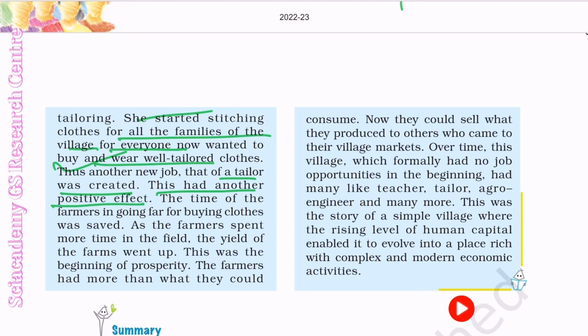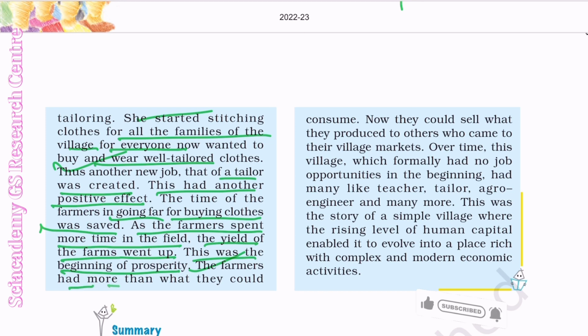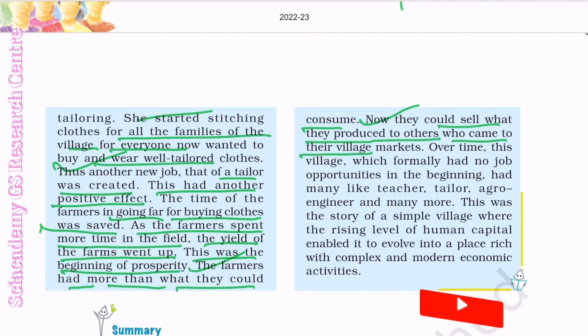The time of the farmers in going for buying clothes was saved. As the farmers spent more time in the field, the yield of the farmers went up. This was the beginning of the prosperity. The farmers had more than what they could consume. Now they could sell what they produced to others who came to their village markets.